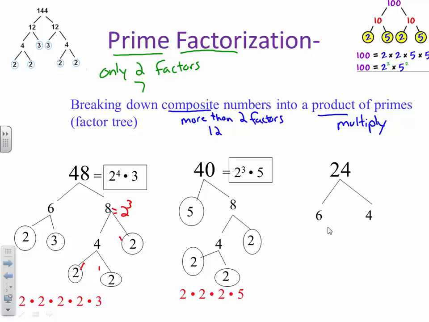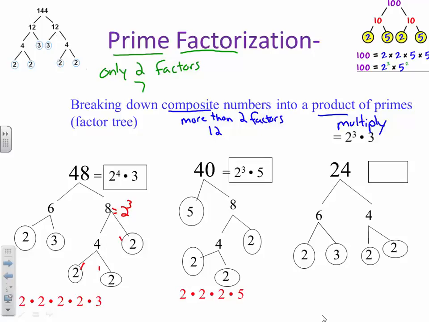I'm using the ones that are closest together. These are both composite, so I'm taking 6 and I'm breaking it down to 2 and 3. We've already done that as well. 2 and 3 are prime. Taking 4, breaking it down into 2 and 2. The 2's are prime as well. So I have 2 times 2 times 2. I have 3 of those. 2 cubed times 3. So there is our factor trees showing prime factorization.